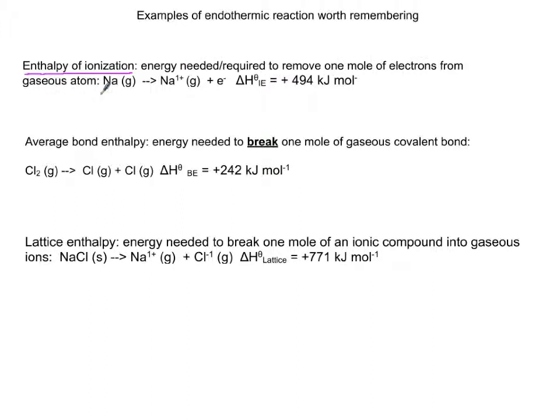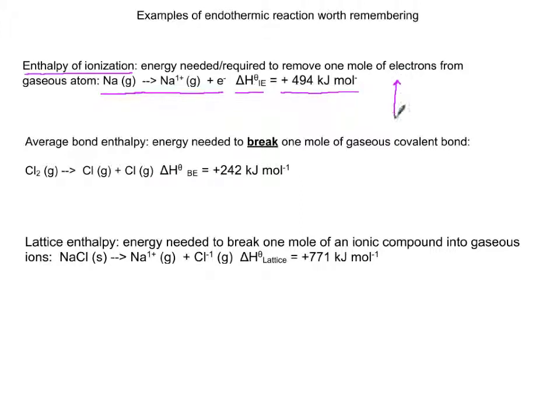For example, if you have sodium gaseous form in a mass spectrometer, bombard it with electron and successfully remove electron. In order to remove electron, you need energy. The reaction Rxn becomes IE, ionization energy, and this is how much energy you need to remove that. 494 kilojoules.